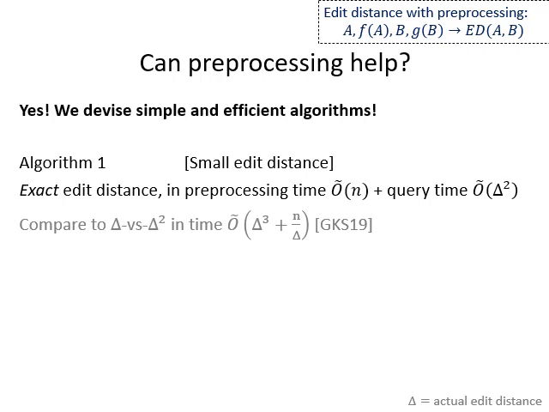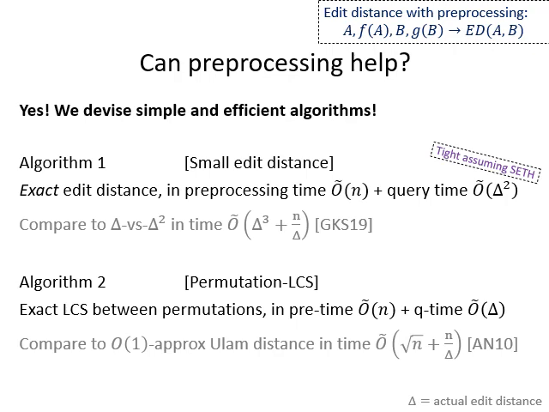For example, just to give you a comparison, without preprocessing, the state of the art is a delta versus delta squared approximation, and it runs in slower time, delta cubed, and there's n over delta, which is unavoidable. I should mention, order delta squared is tight, assuming the strong exponential time hypothesis for exact algorithms.